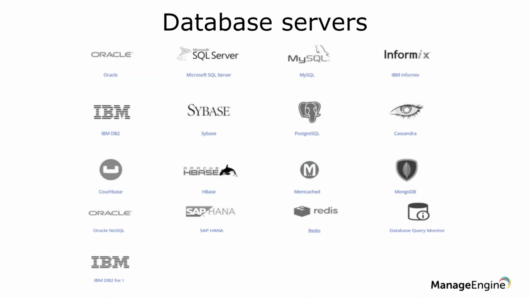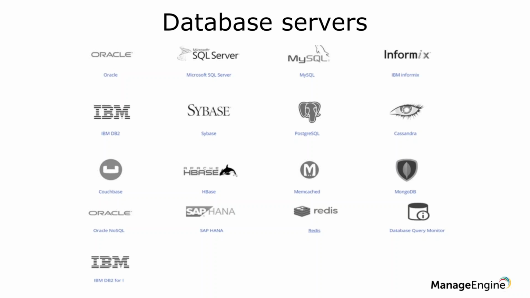Based on functionality, we have categorized them into relational databases and NoSQL databases. Relational databases such as Microsoft SQL Server, Oracle, MySQL, Postgres, and NoSQL monitors such as Cassandra, Couchbase, MongoDB can be monitored in Applications Manager. Metrics like connection, buffer, log statistics, transaction details, DB size, and much more can be monitored under database servers.